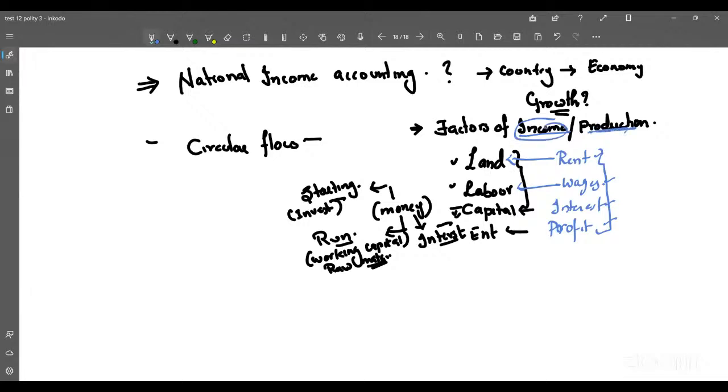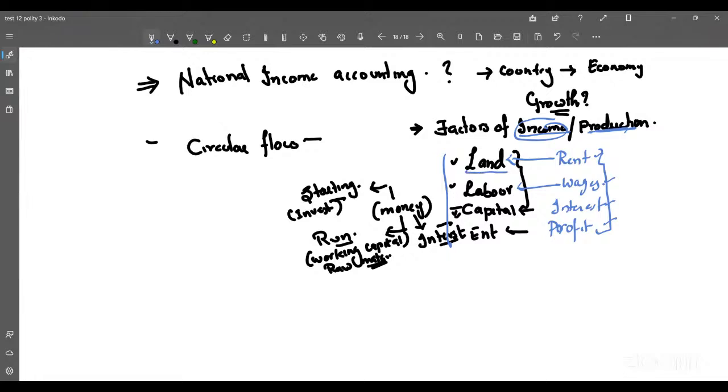And they are also factors of production, because without any one of these four factors, you cannot create even a small product like a chalk piece. You cannot produce it. To produce even a small chalk piece, land is definitely needed. You cannot produce a chalk piece in the sky.